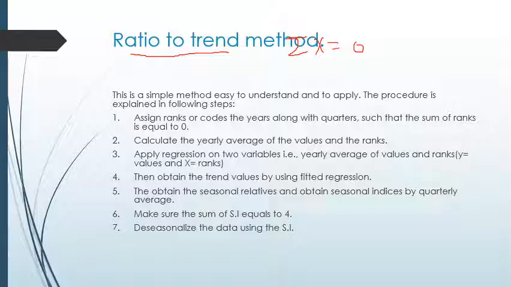In the next step, we have to calculate the yearly average of the values and also of the ranks. Now, there are two variables. One is the average values calculated in the second step, and the other is the ranks, which is the average of the ranks calculated in the second step.